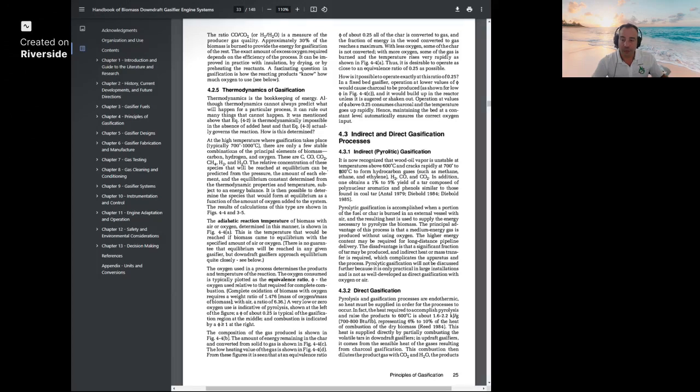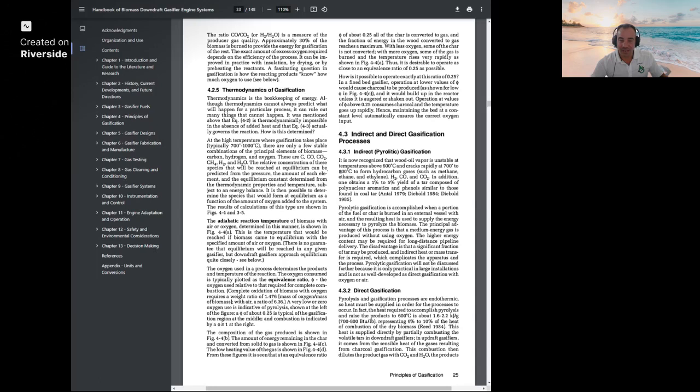The relative concentration of these species at equilibrium can be predicted from the pressure, the amount of each element, and the equilibrium constant determined from the thermodynamic properties and temperatures, subject to an energy balance. It is then possible to determine the species that would form at equilibrium as a function of the amount of oxygen added to the system. The results of calculations of this type are shown later in Figures 4.4 and 4.5.